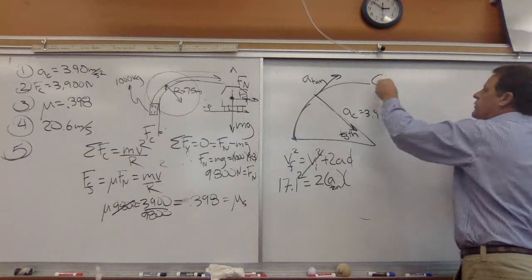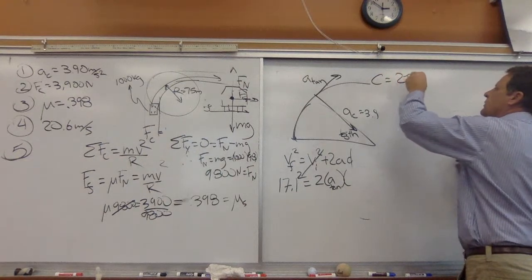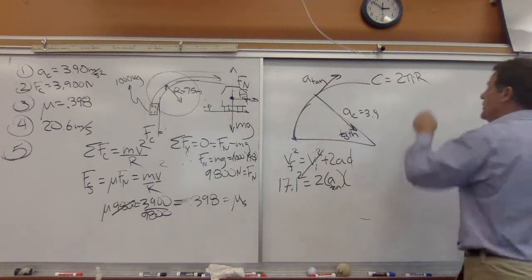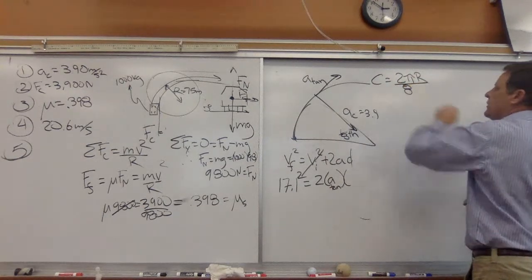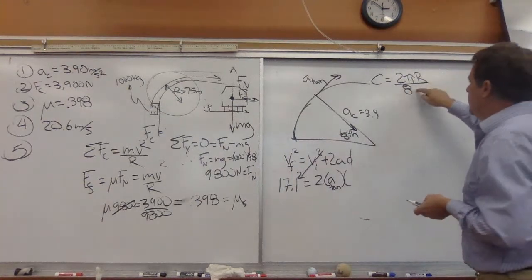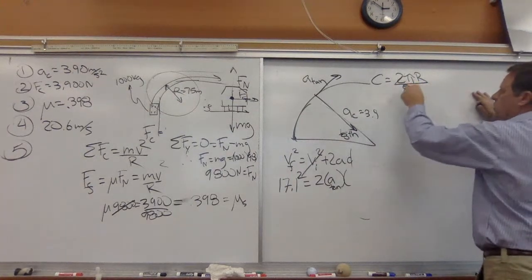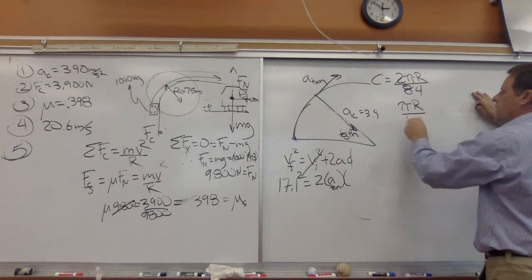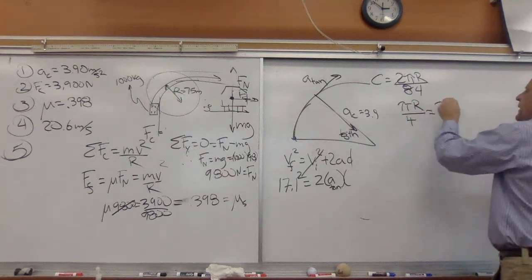Okay, so we know the circumference is equal to 2 pi r for all the way around. If we want 1/8 of that, it's going to be 2 pi r over 8, which will reduce down to pi times r divided by 4.